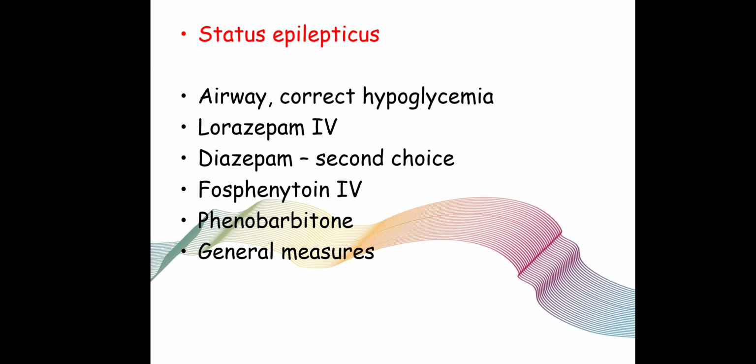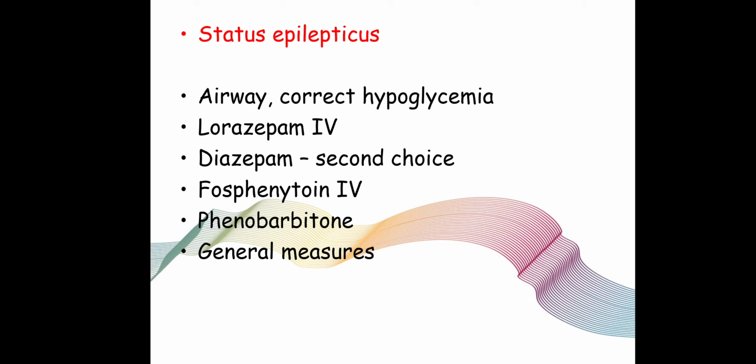Now status epilepticus, that we have discussed, is actually an emergency condition which requires specific management. If the epileptic episode lasts longer, and the patient is not regaining consciousness between two attacks, then it should be considered status epilepticus.